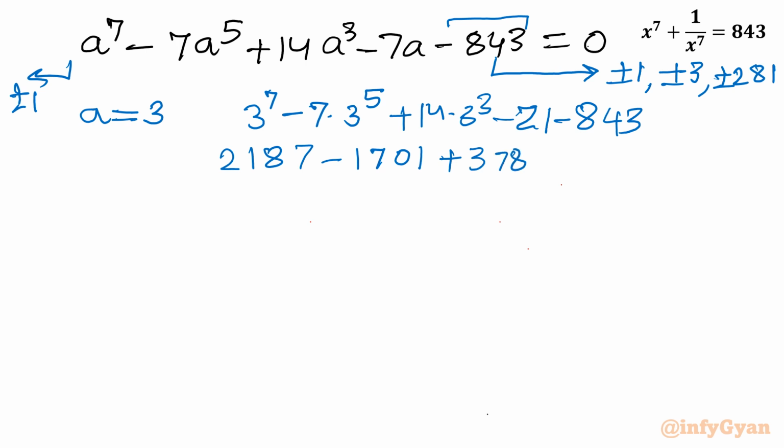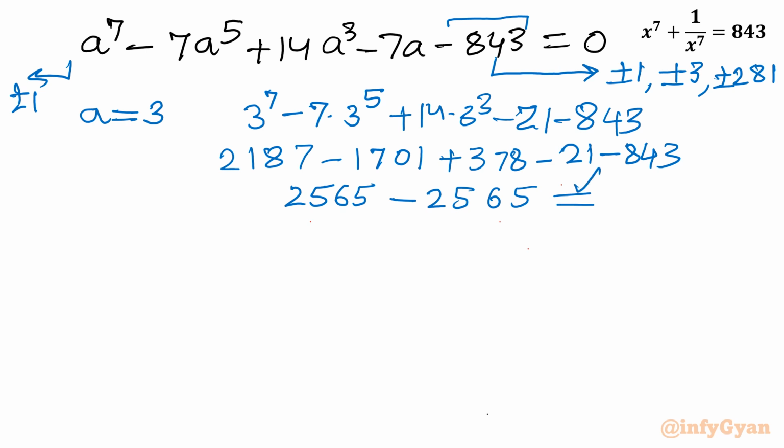Then it is minus 21, minus 843. If you check all the positive numbers, 2565 it would be, all the negative the same, 2565, which is equal to 0. That means our base solution is a equal to 3. This is our base solution.